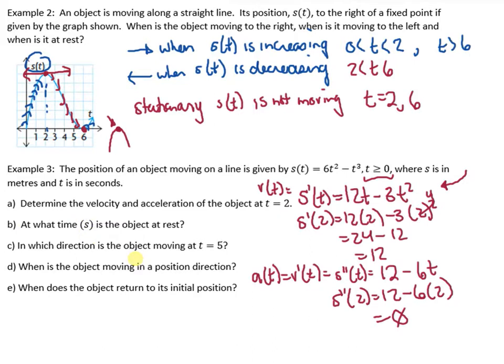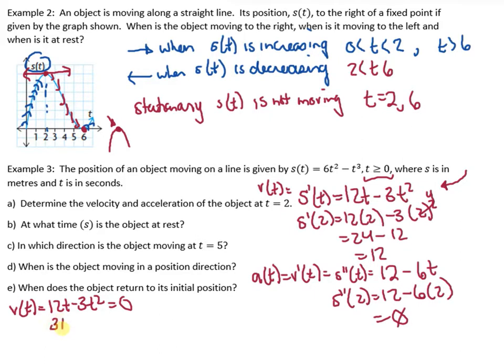At what times is the object at rest? Well, we know that when the velocity equals 0, the object is at rest. So let's take the velocity, which we have as 12t minus 3t squared, and equate it to 0.